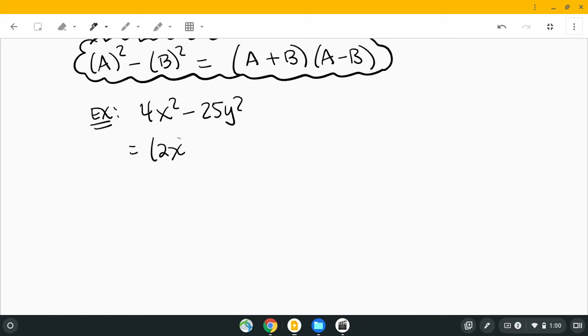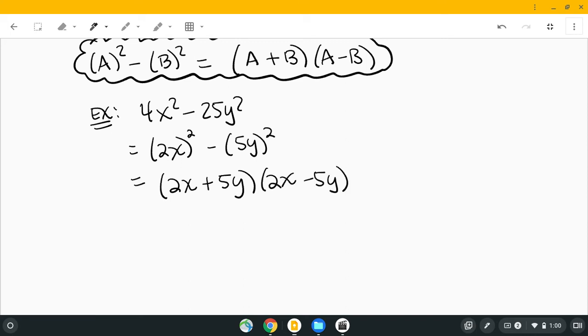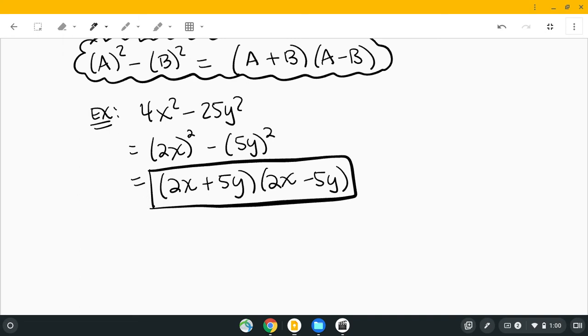Over here, 2x is being squared, and over here, 5y is being squared. If you can identify what is being squared, then you can factor this. It's going to be 2x plus 5y and 2x minus 5y. But you have to first identify what are the two things that are being squared.